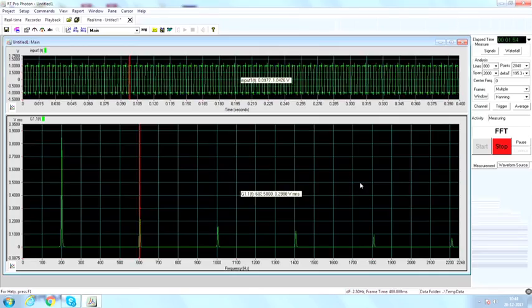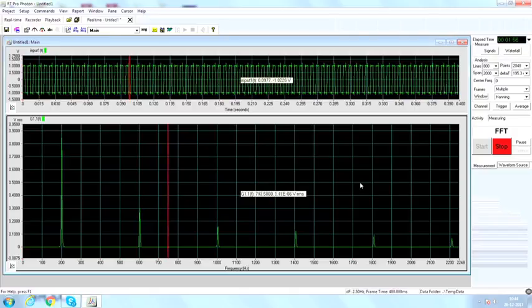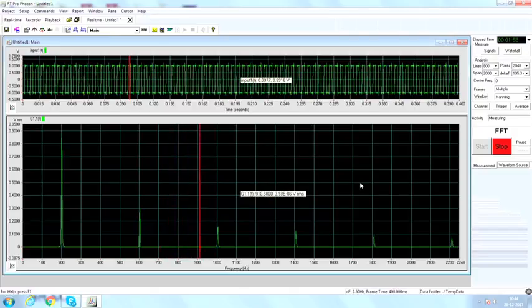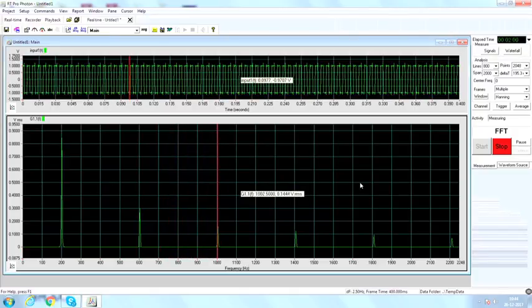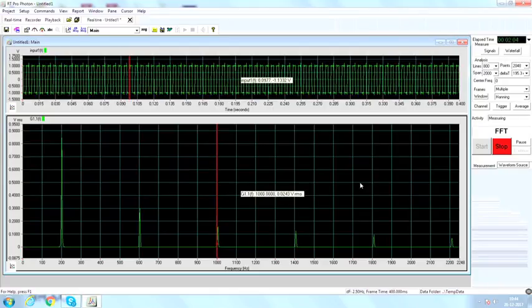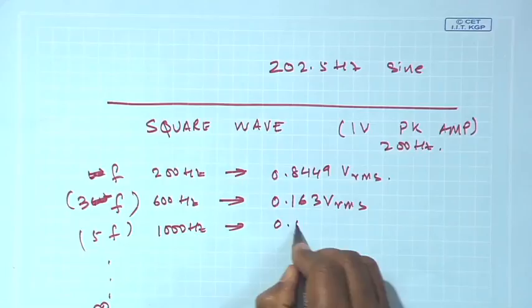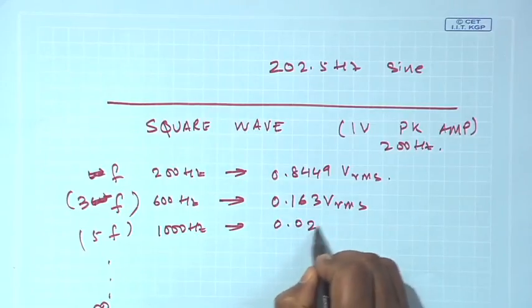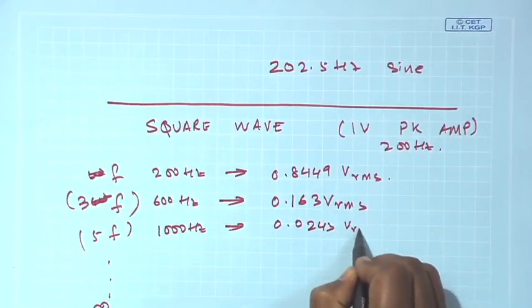At 1000 hertz, 5 times 200 hertz, I have an amplitude of 0.0243 and so on.